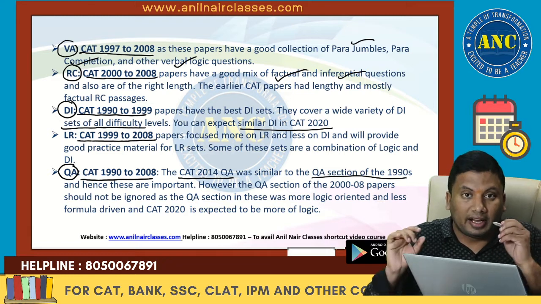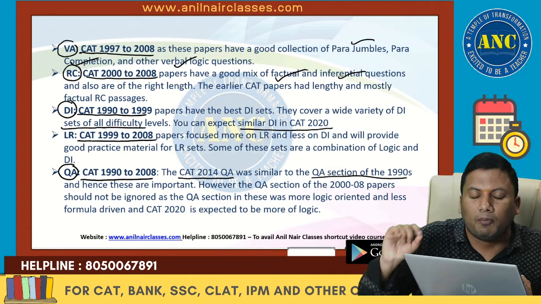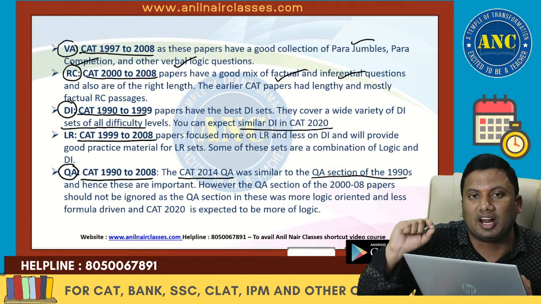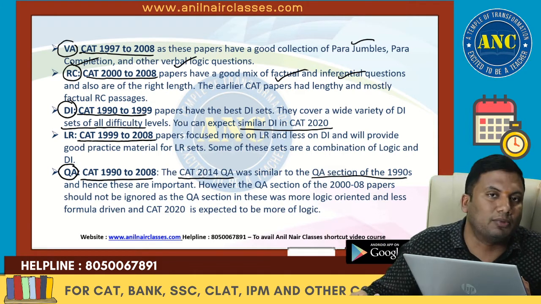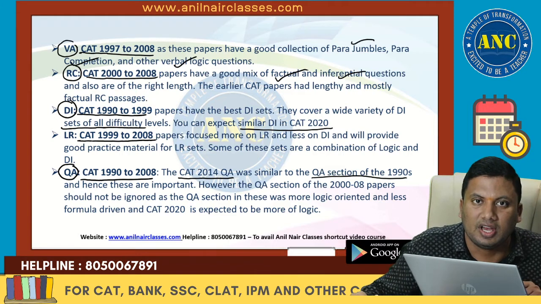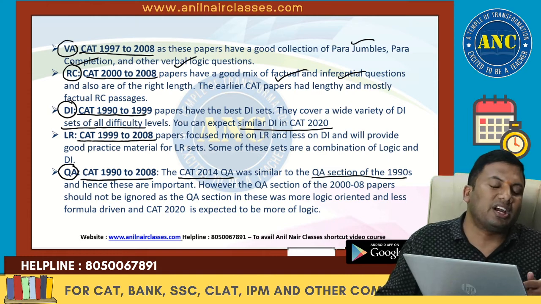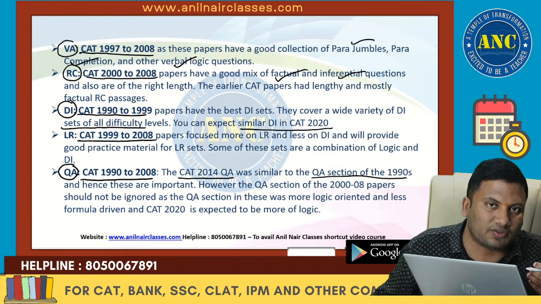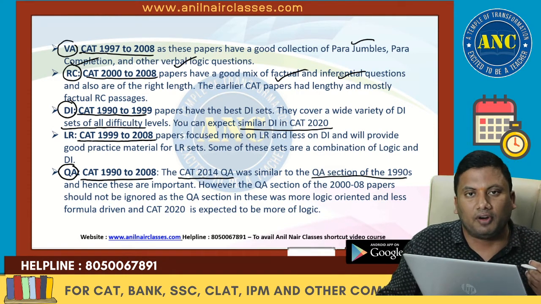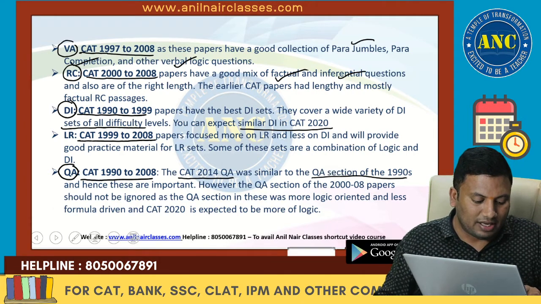The best thing about CAT 1990 to 2008 is that a good number of questions are logic based and fewer are formulae based. In the last 2 or 3 years of CAT papers, most quant questions are logic based and not formula based, and we expect CAT 2020 to follow more logic based and fewer formula based questions.